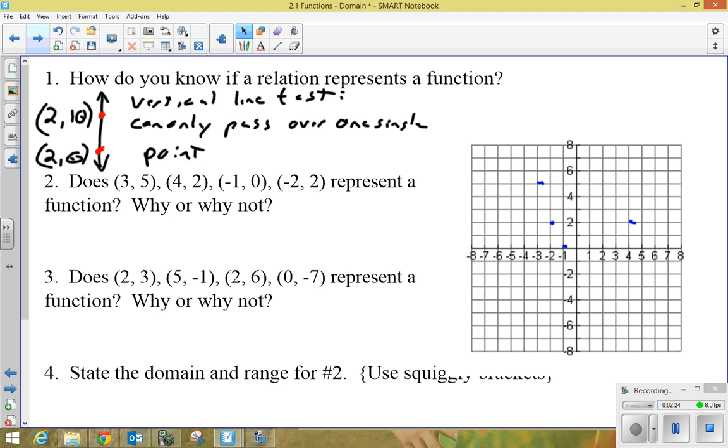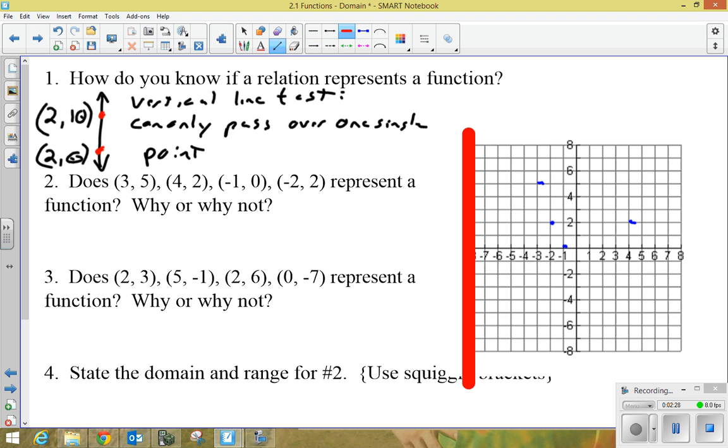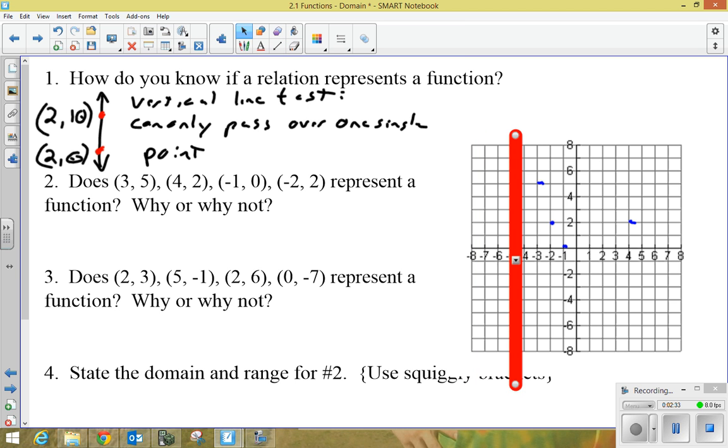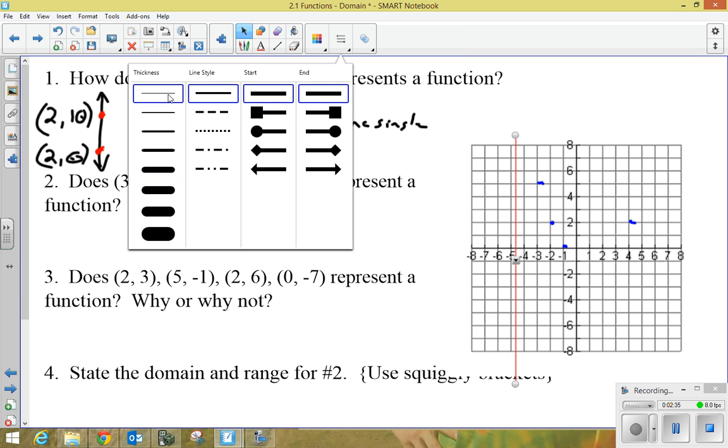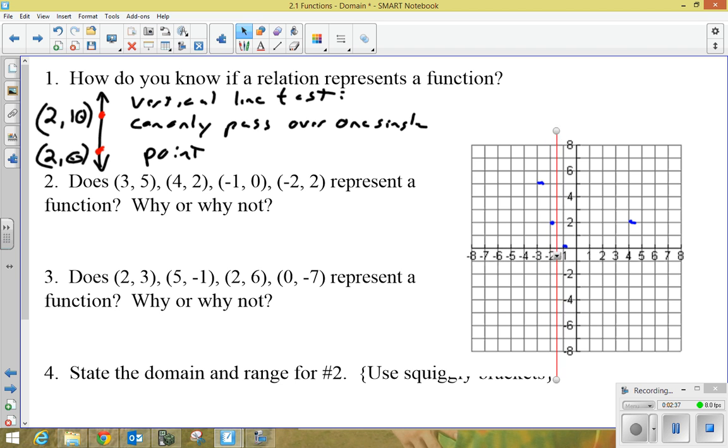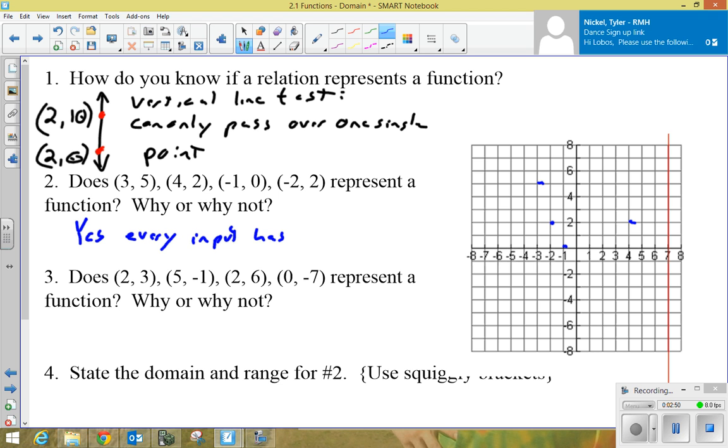Notice if I have any vertical line and I drag it across my graph, it's only going to pass, make it thinner here, we only have one point that it ever crosses. Okay, so yes, it is a function, and it's because every input has a unique output.